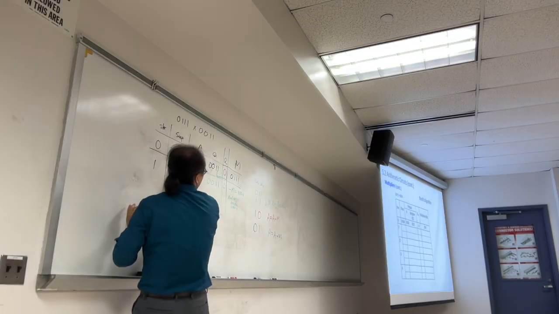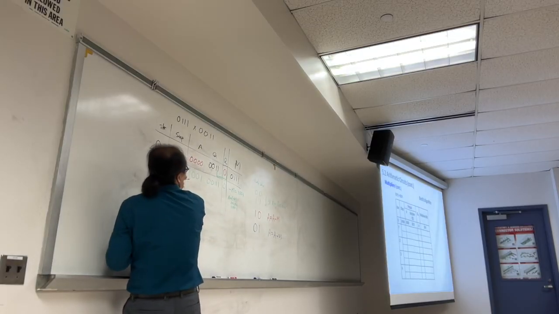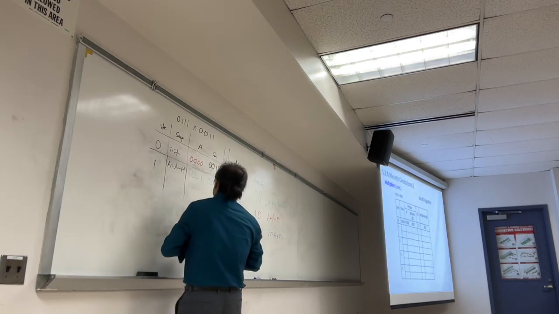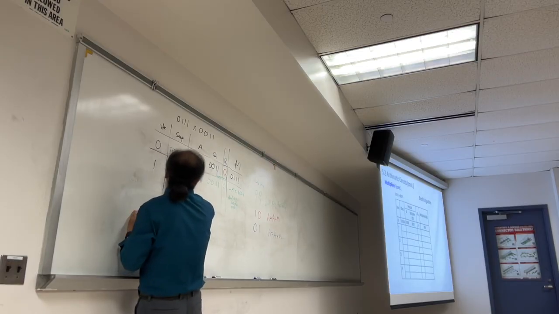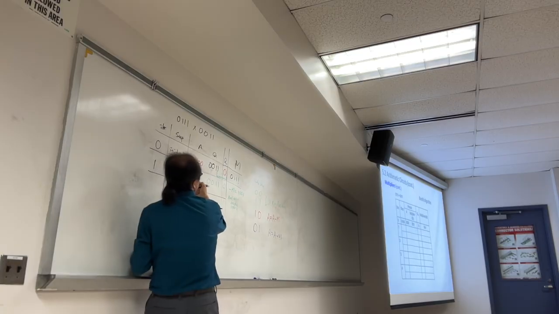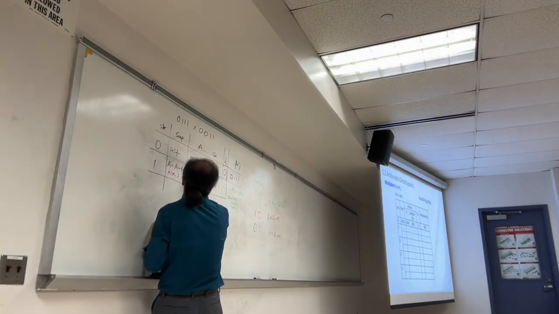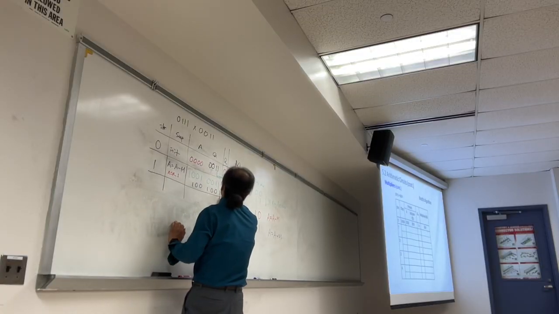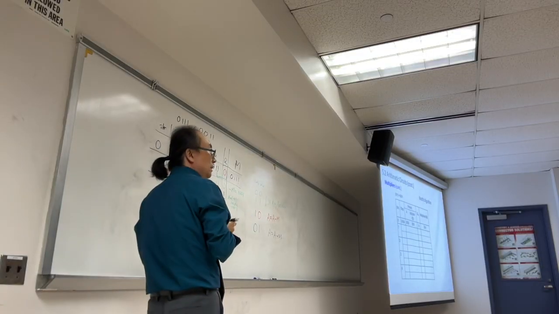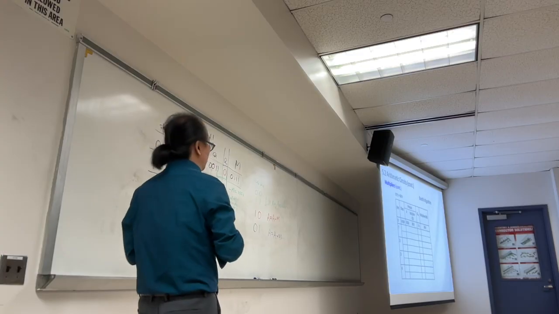We always have the second step for every iteration. It's going to be an arithmetic shift to the right by 1. For this result, shift to the right. So 1, 0, 0, 1, 0, 0, 1, 1. It's an arithmetic shift to the right.